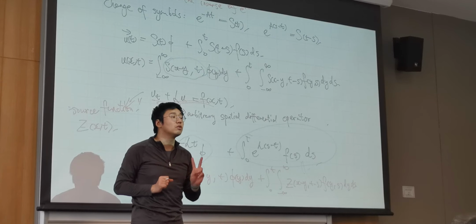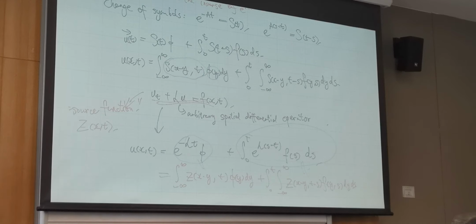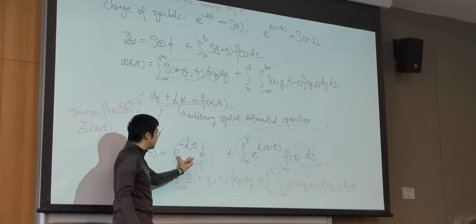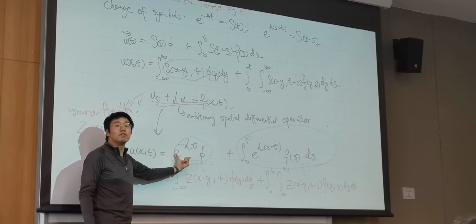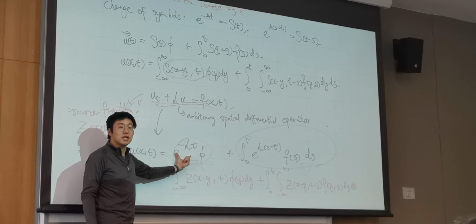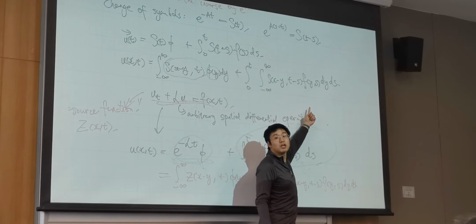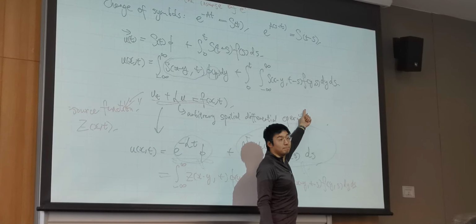Just like the operator form that I've written over here. The first thing is the initial condition, and the second thing is a representation of the inertial dynamics. It has nothing to do with the source term that will come later along time.